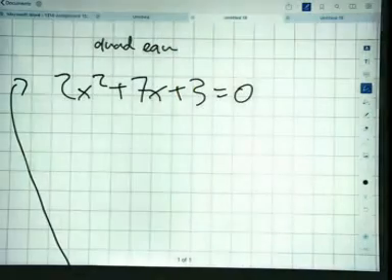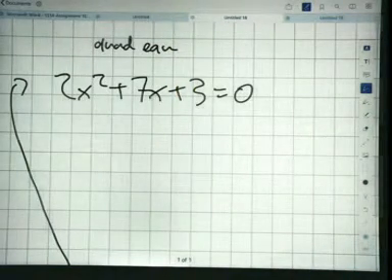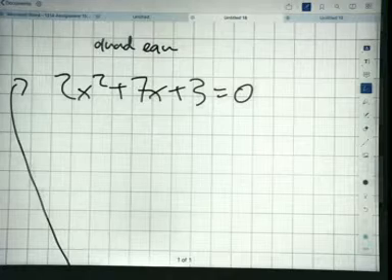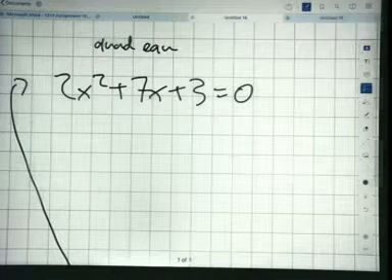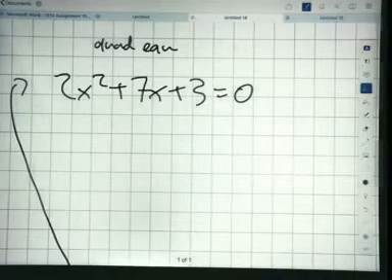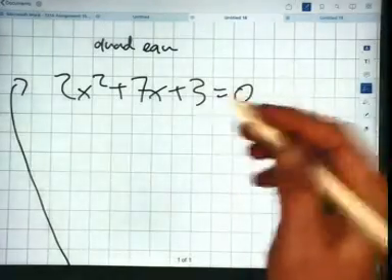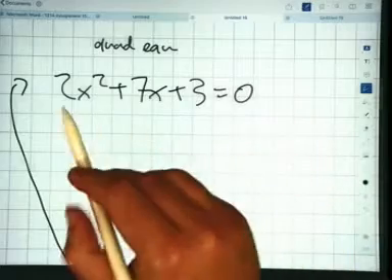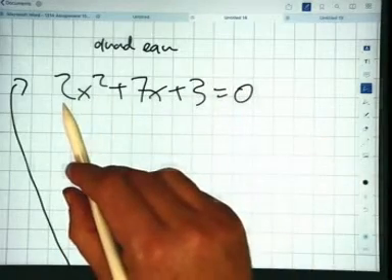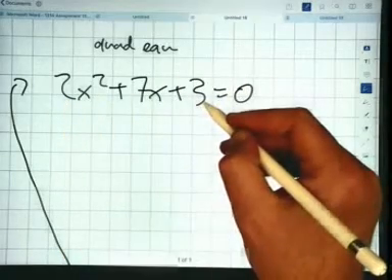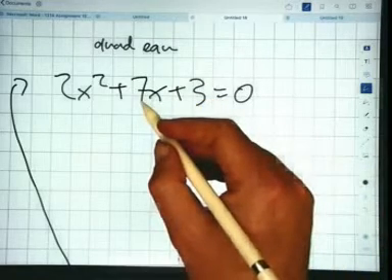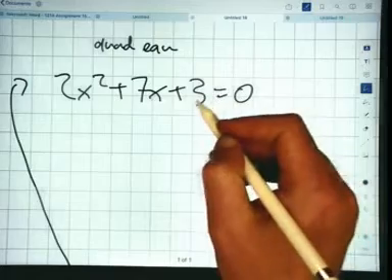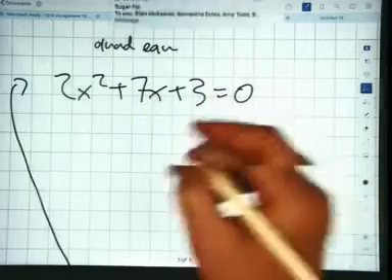Anytime that you get to a quadratic equation, I would just abandon the synthetic division process and solve by either factoring or the quadratic formula. And this just so happens to factor. The reason I know that it factors is I'm looking at the AC method. 2 times 3 is going to be 6. Are there factors of 6 that add up to 7? Yes, there are. What are those factors? 6 and 1.